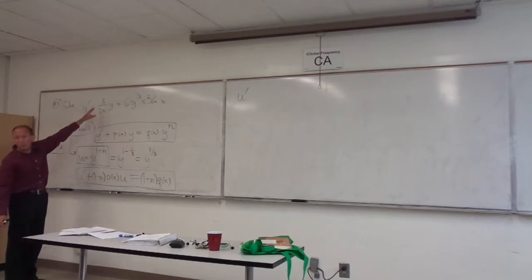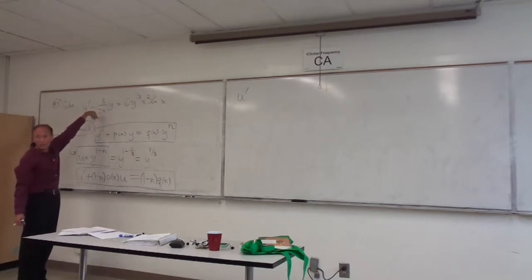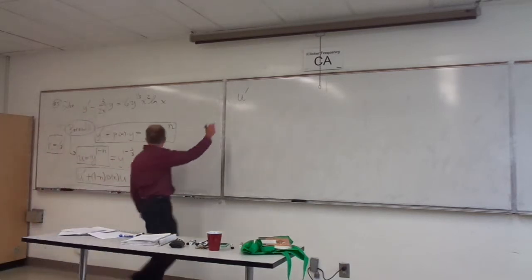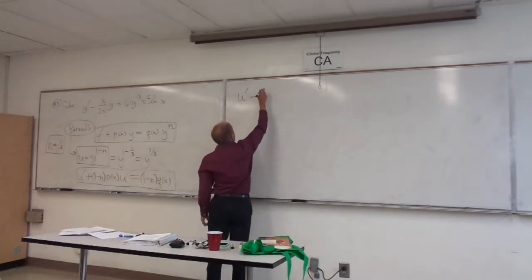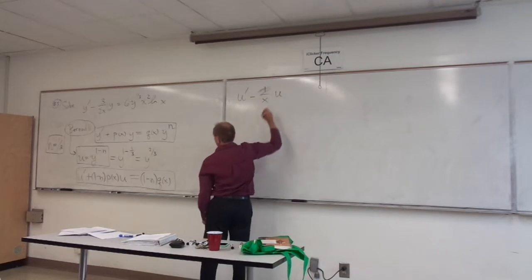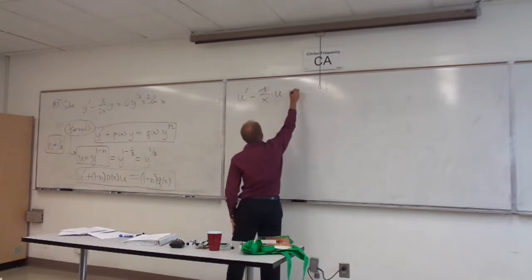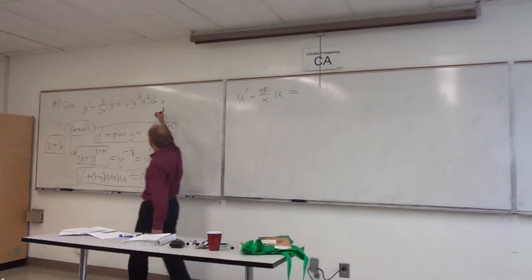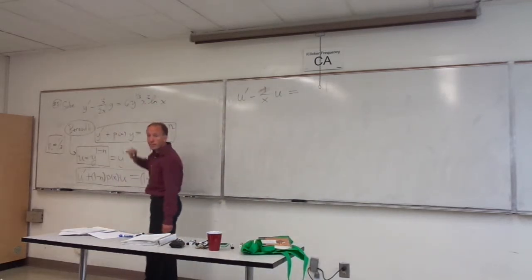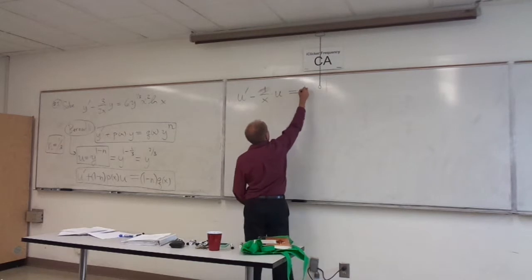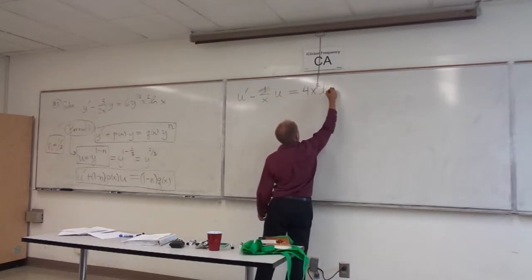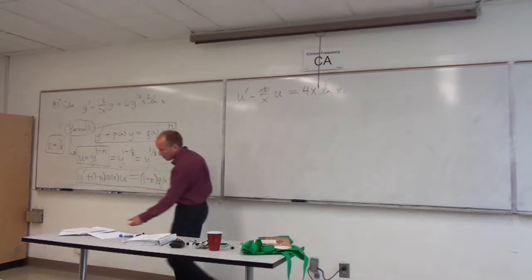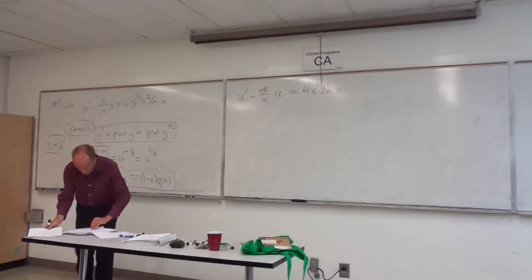So I'm going to be multiplying by 2/3, so it's actually going to cancel the 3 halves, right? So minus 1 over x times u equals, and again, 1 minus n is 2/3, so it's 2/3 of what's on the right side. 2/3 of 6 is actually 4 x squared ln of x. So that is what you're going to end up with.